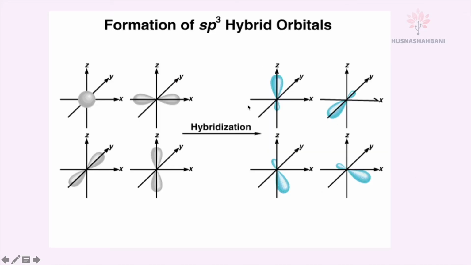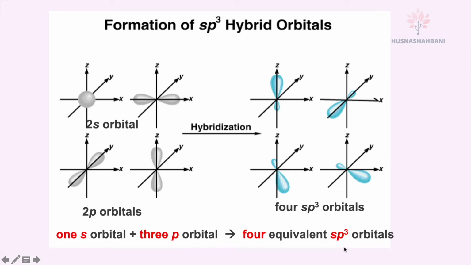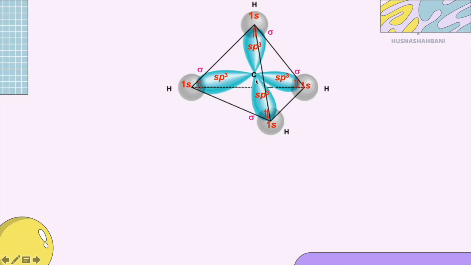So this is just showing the hybridization process: 1, 2, 3, 4 sp3 orbitals, because you mix 1 s orbital and 3 2p orbitals, making 4 sp3 orbitals. So the central atom, carbon, has 4 sp3 orbitals.